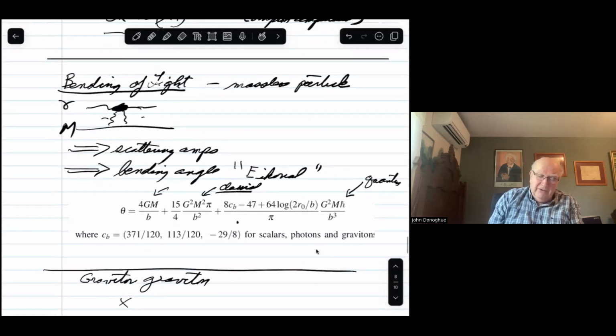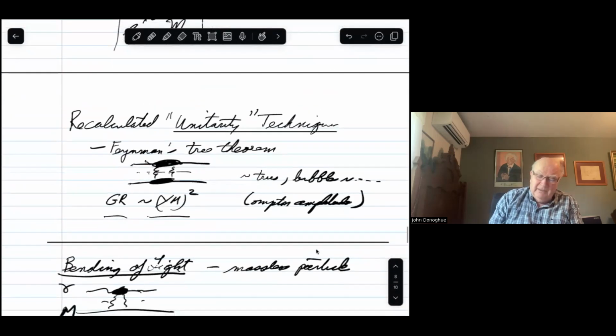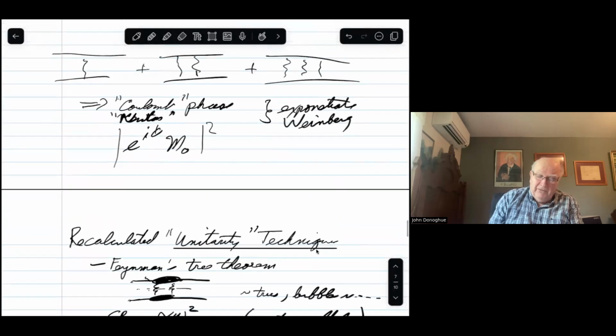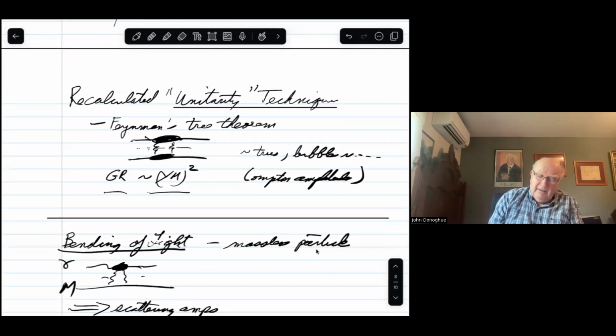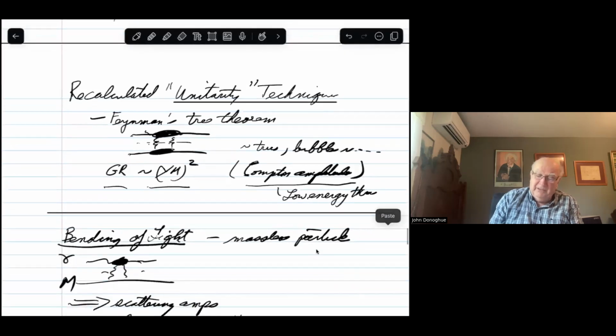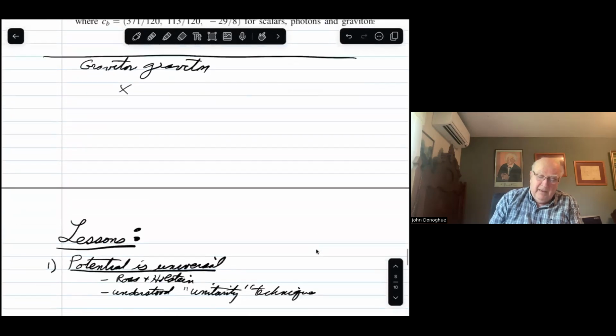When I showed you the Compton amplitudes for photons and gravitons, I commented that there are low energy theorems that tell us that those amplitudes, the Compton amplitudes, are universal.